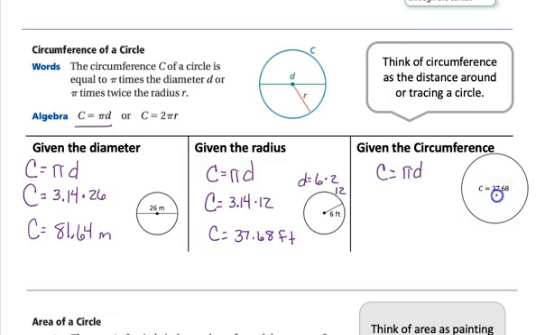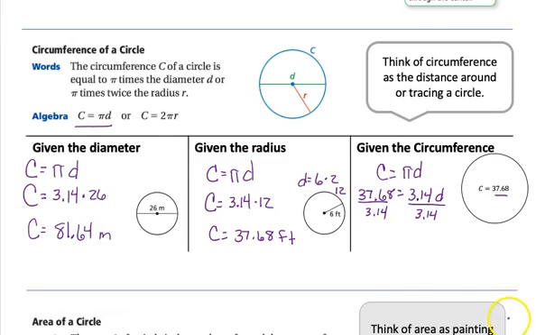The circumference, it tells me, is 37.68, so I'm going to write that. 37.68 equals, now I know what pi is. Pi is 3.14, and that's multiplied by d. Now if I want to know what d is, well, attached to d is 3.14 by multiplication, so I would just divide both sides by 3.14.